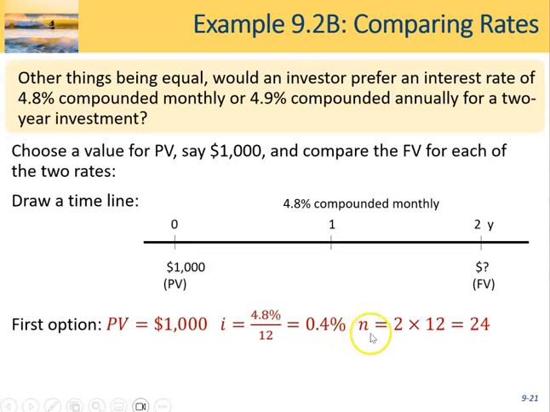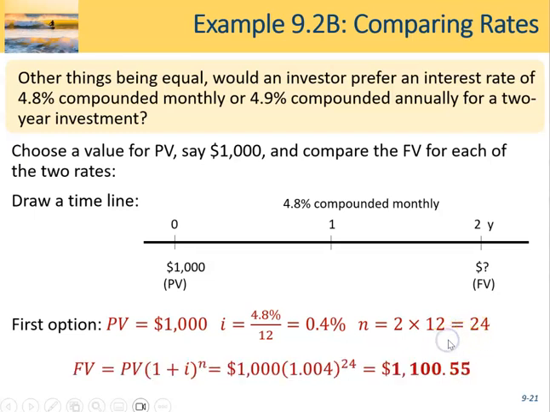And then the number of compounding periods over the life is 2 years multiplied by 12 per year, which gives you 24. So we do the calculation there and it works out to $1,100.55 if it's compounded monthly at 4.8%.